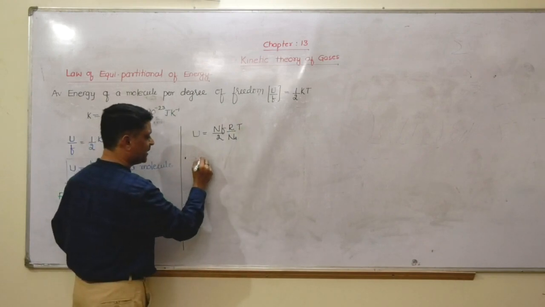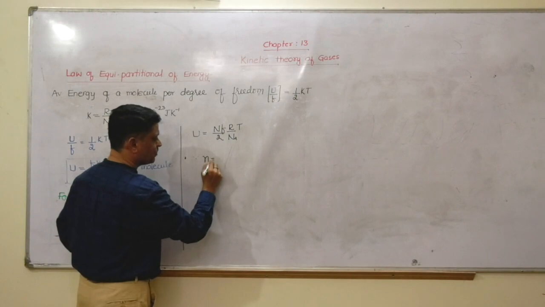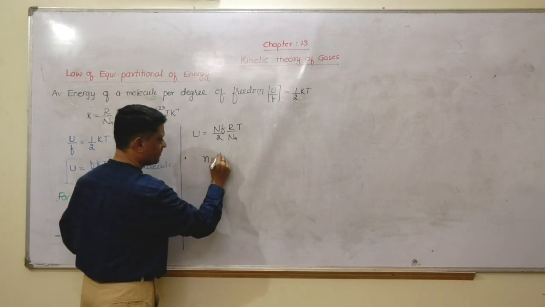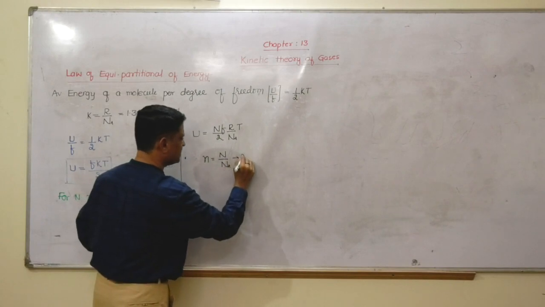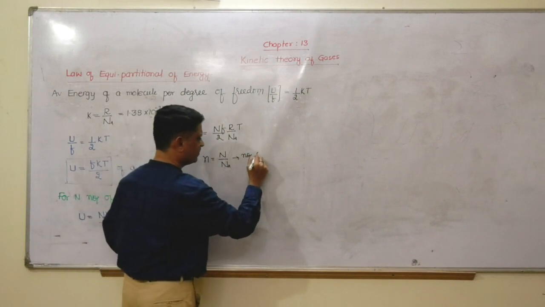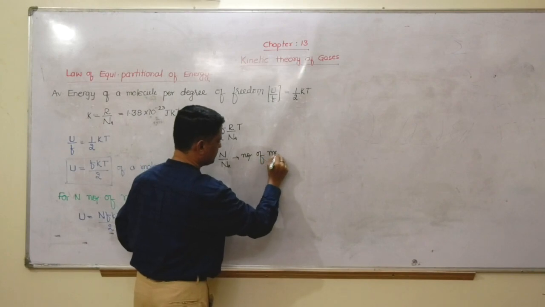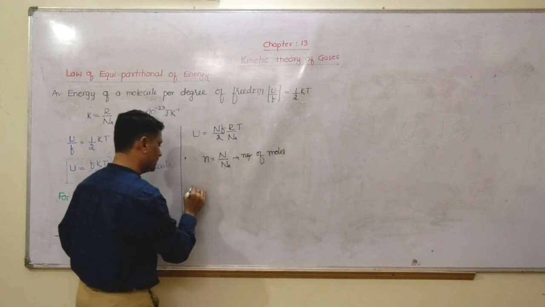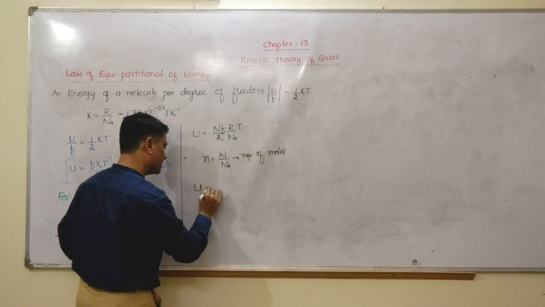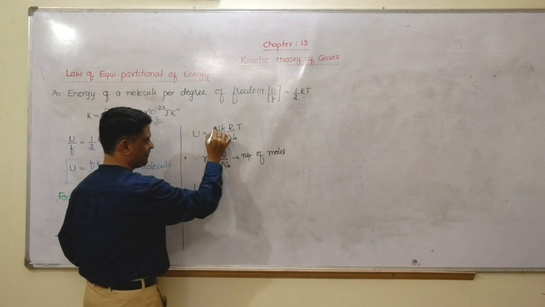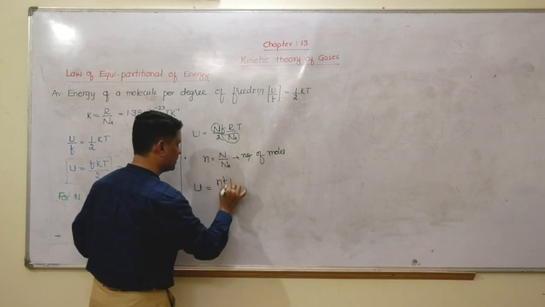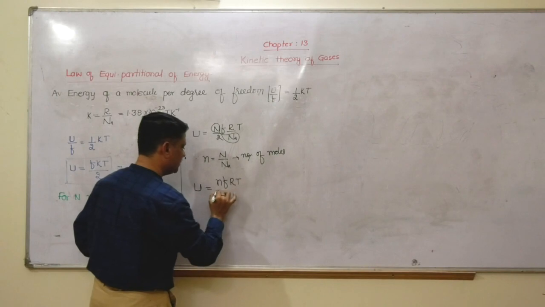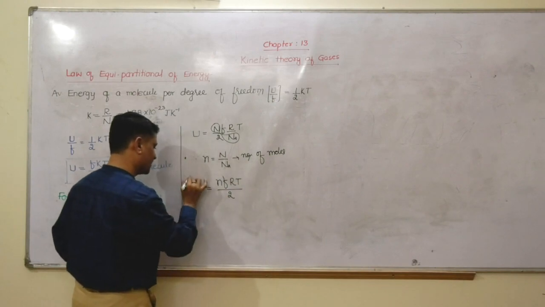Since we know that, I told earlier also, small n means number of moles is equal to N by Na. This is nothing but number of moles of the gas. Then energy of n moles of a gas can be written as, this is nothing but small n, F RT by 2, right?